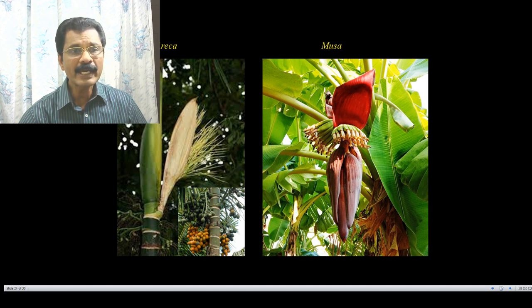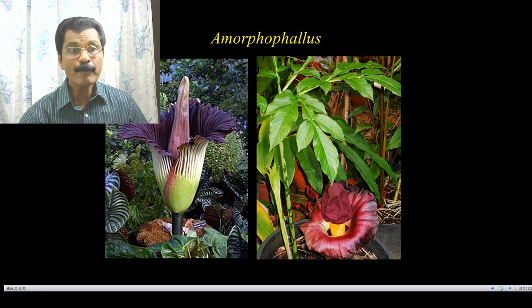Then here it is, you can see Areca, and here Musa. Here a leathery bract is called spathe, right? Such a type of inflorescence, spadix inflorescence. Then Amorphophallus. Here you can see the female flowers usually at the base and the male flowers usually seen at the tip, right?